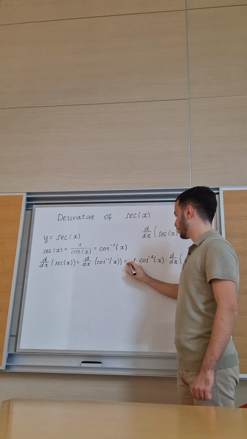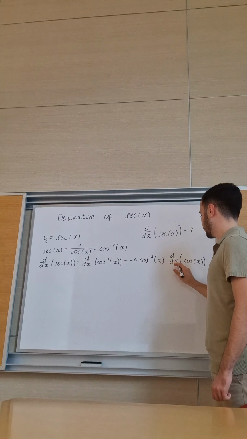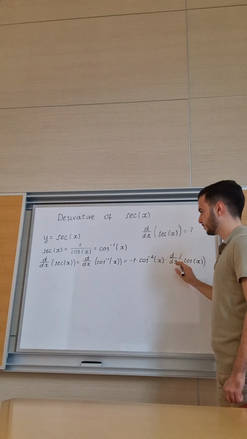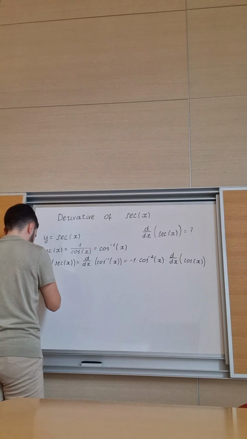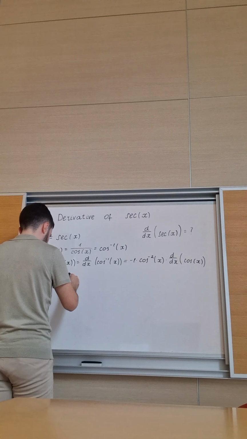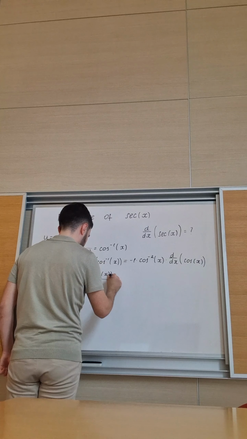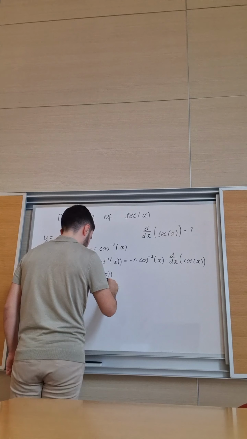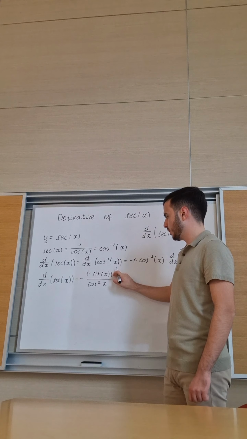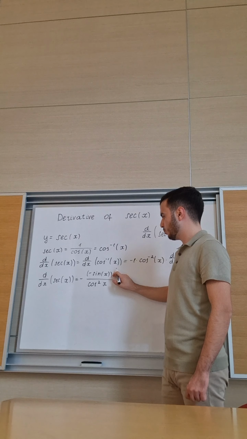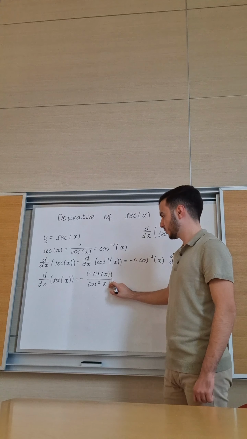Minus 1 moves forward, the power becomes minus 2, and according to the chain rule, we have to find the derivative of cosine x. The derivative of cosine x is minus sine x, and simplifying, we separate sine x over cosine x multiplied by 1 over cosine x.